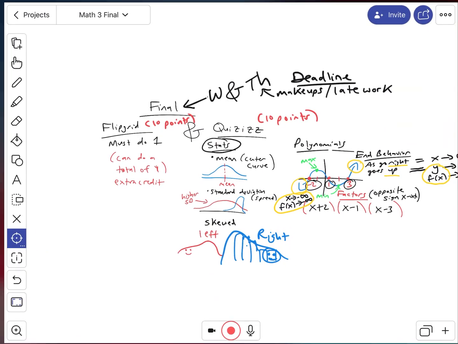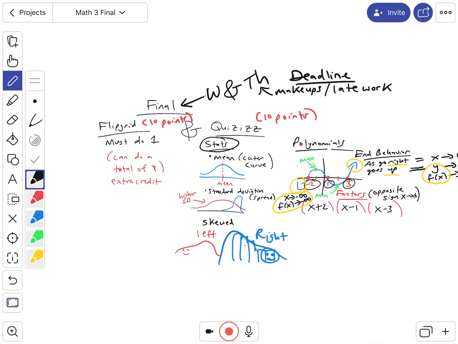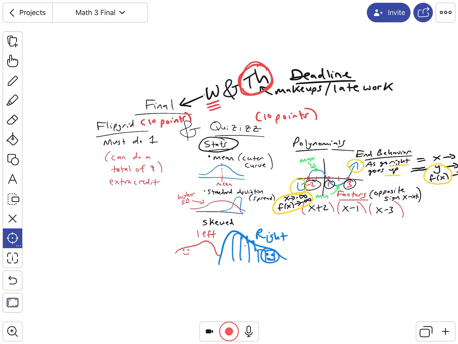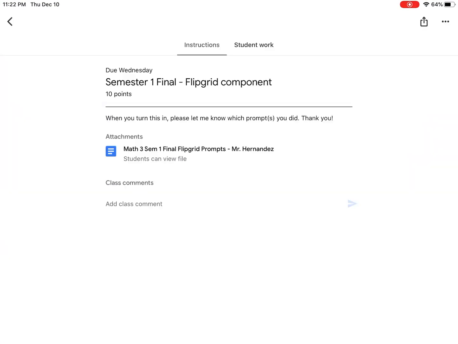You've been able to work on that for a while now. I'm hoping that would be done by Wednesday, but Thursday is the very last day, because this is for the final. Let's look at the schedule.